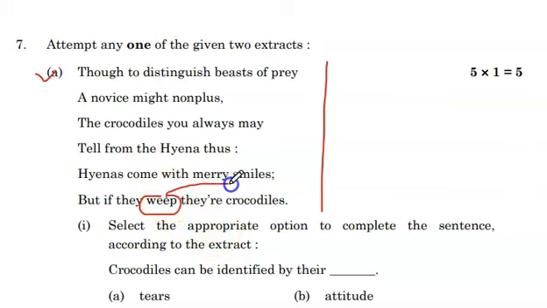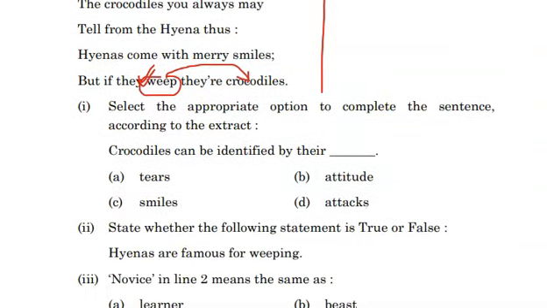That means the crocodiles can be identified by their weeping, or you can say by their tears. So tears or weeping must be some option somewhere. This is your answer, because the crocodiles can be identified by their tears.